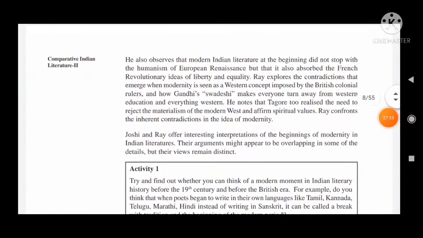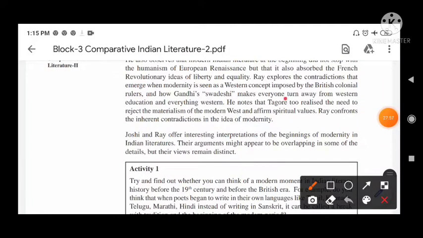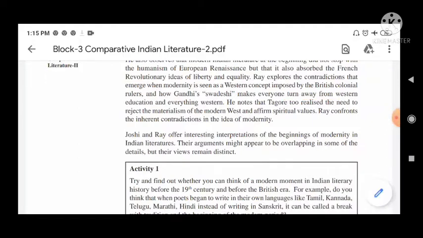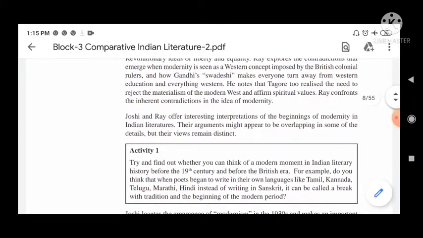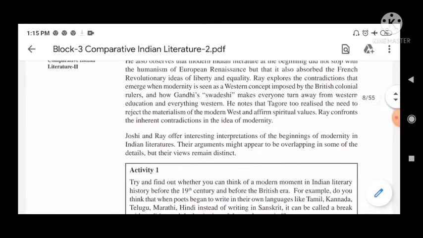What does this phrase comprise? To turn away from means to be debarred. Turn away from Western education and everything Western: Gandhiji's Swadeshi movement was there.